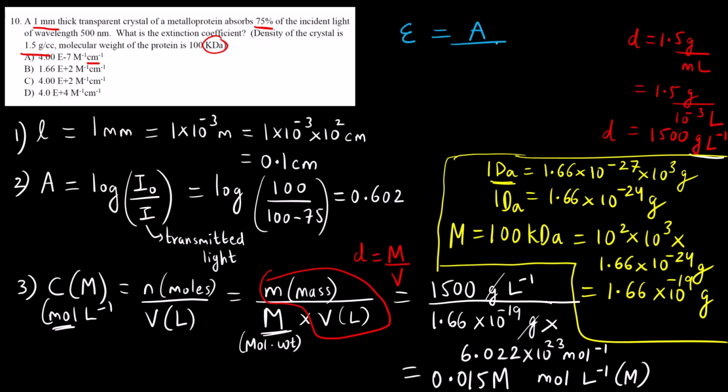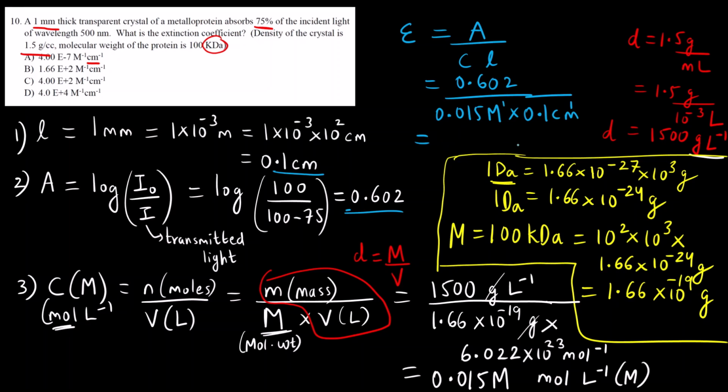That will be A divided by C into L. Absorbance we have calculated, it is 0.602, divided by concentration, that is 0.015 molar, into path length, that is 0.1 centimeter. The unit will be molar raised to minus 1, centimeter raised to minus 1, and that comes out to be 401. The final answer is 401.